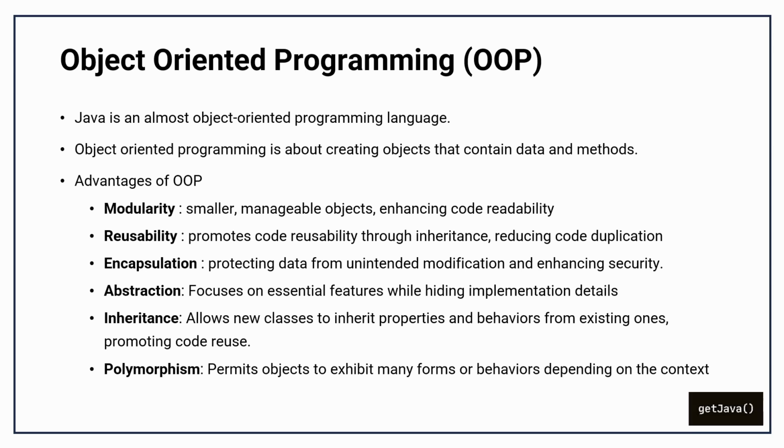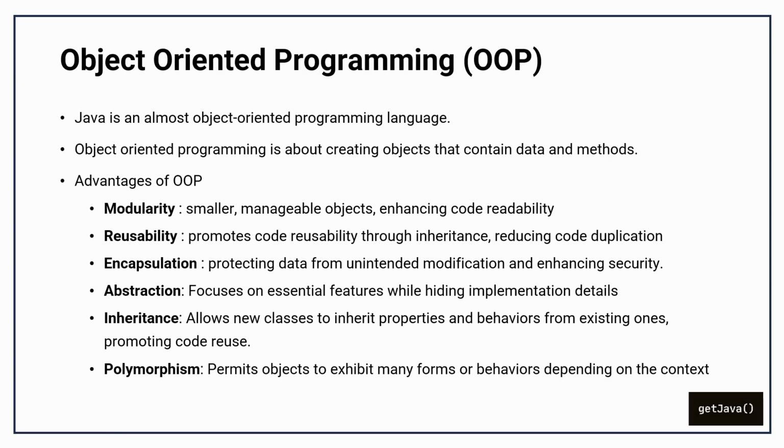If he is at work, he is an employee or he is a mentor to some people. So depending upon where he is, he can have different forms. Similar to that, an object can have multiple forms depending on the context. Each of these advantages we will see in detail. This is just a high level overview of the advantages. We will see in detail what these advantages actually mean.